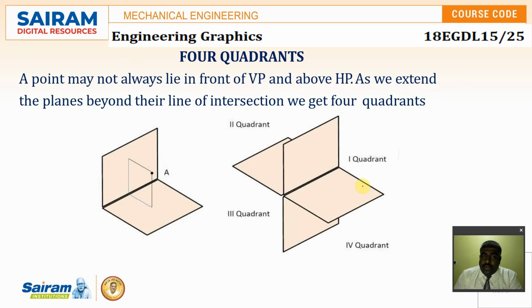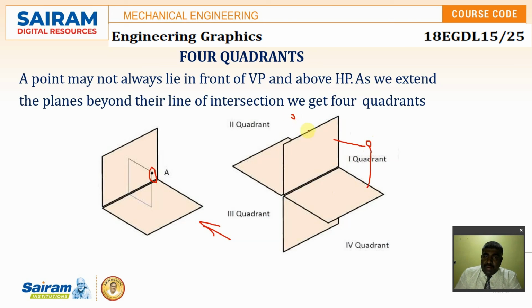Coming to the four quadrants, this I'm just going to brief. In the next video, you're going to see it in depth. When you project a point, you observe from the observer, and based on the position of the point, I define four different quadrants. If I take the object over here, it is in front of VP and above HP. That will be the first quadrant.